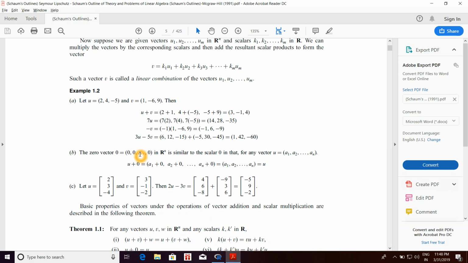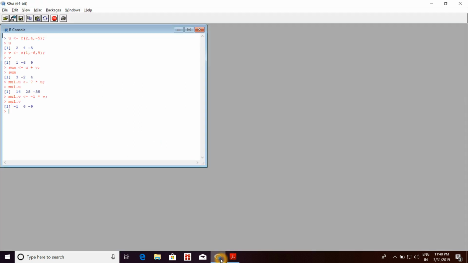Next we have to do 3u minus 5v. So the result variable will contain the result, and then we'll have 3u and then minus 5v.